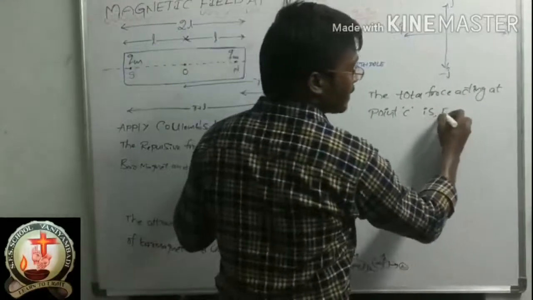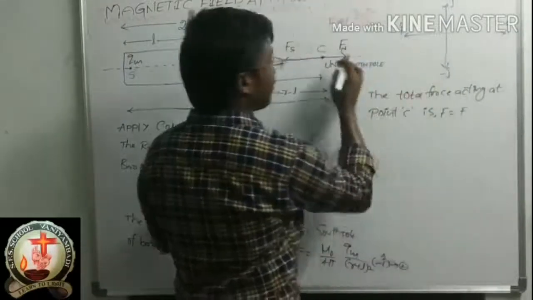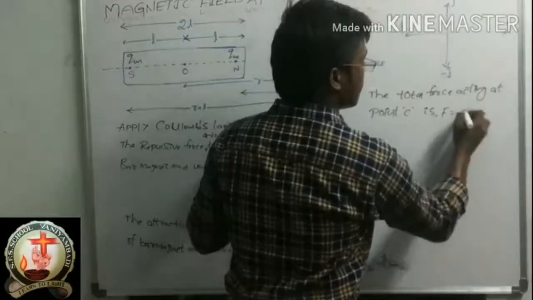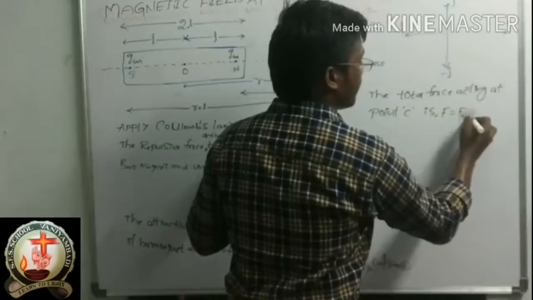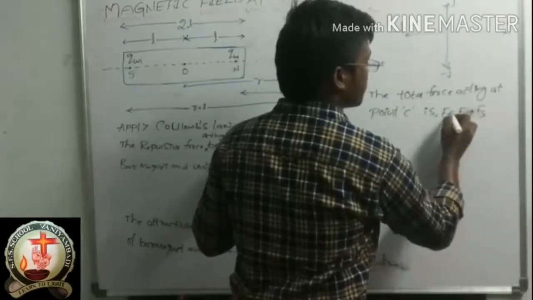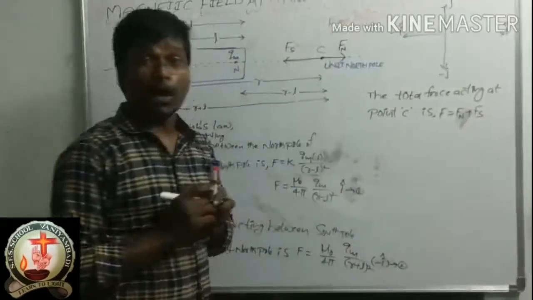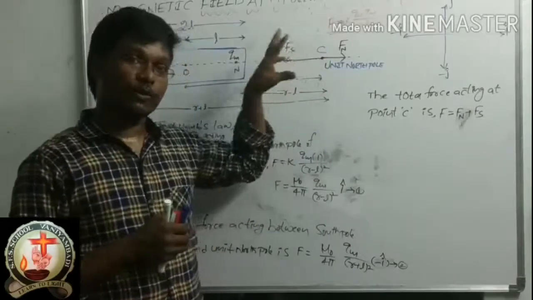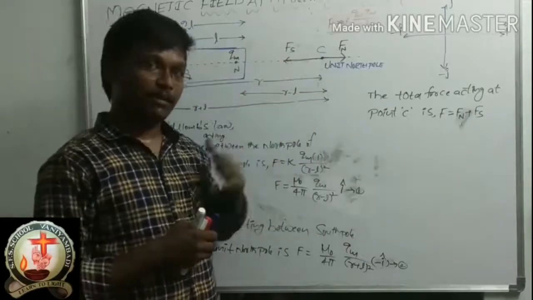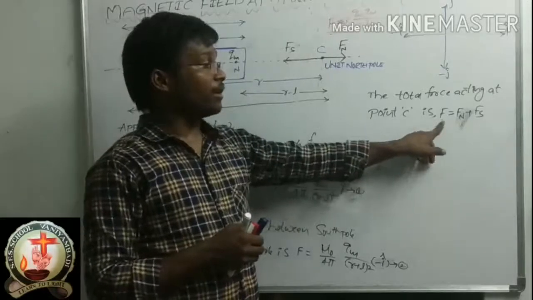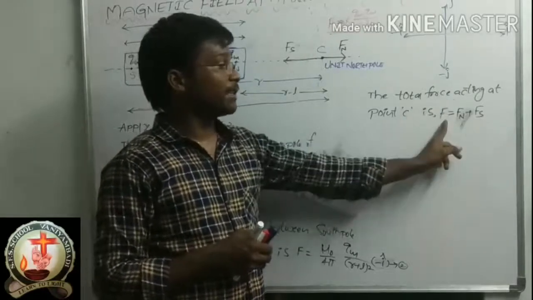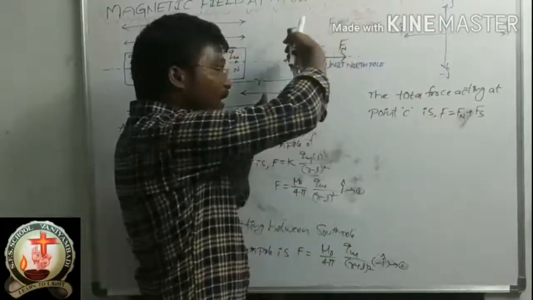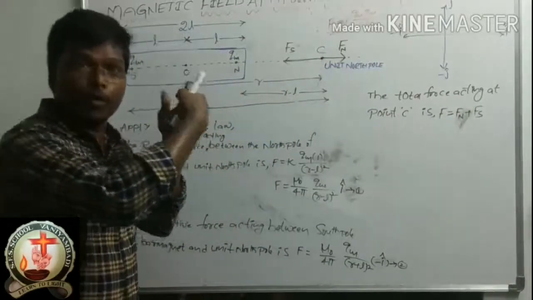Total force F is equal to Fn plus Fs. I have to find the total force acting at point C. That's why F is equal to Fn plus Fs. I am adding these two forces, Fn and Fs.